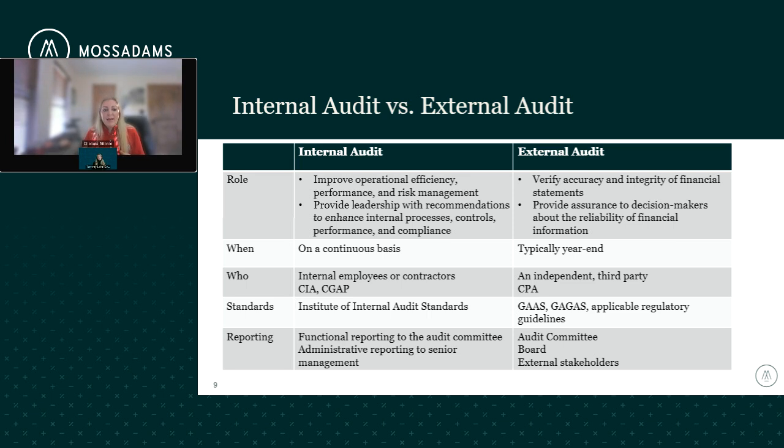And when does this happen? So a good internal audit system will be happening year round. This will be on a continuous basis. You will be having projects in different aspects of the entire higher education system, not just the finance department. Where your external audit is typically going to be at year end.